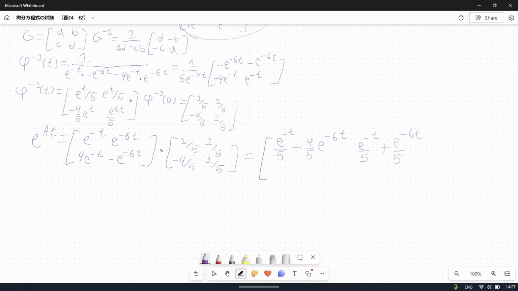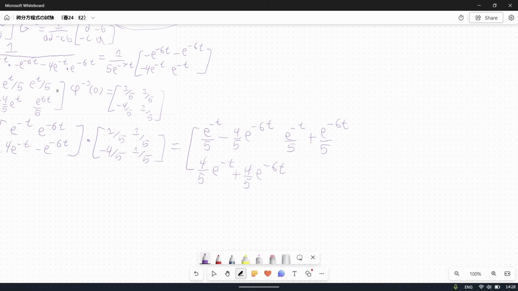And so to do that, you end up with, wait, no, that's wrong. My bad, you end up with 4/5 e to the negative t plus 4/5 e to the negative 6t.